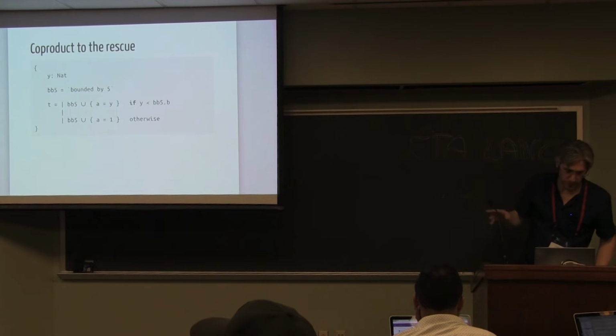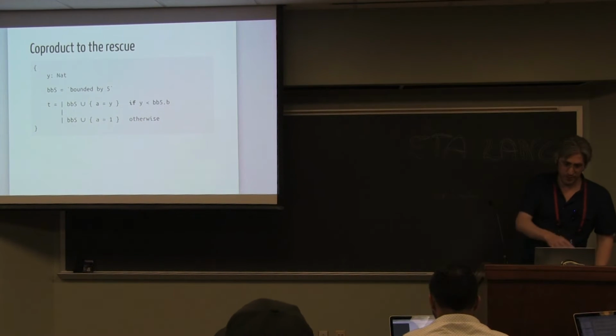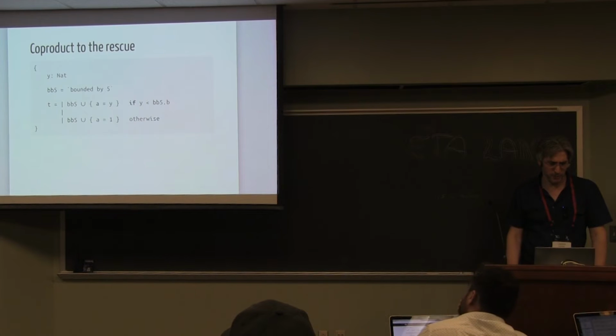So we are basically executing the predicate. In this case it's safe to blow up. In this branch we find an absurdity because y is something bigger than 5, so that branch dies. But we have the other branch that must succeed.